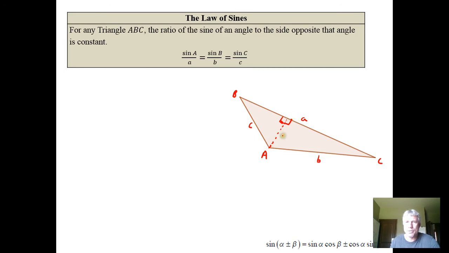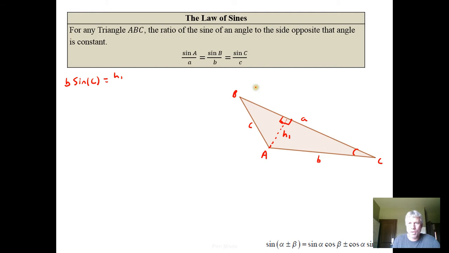I need to label this height, so call it height 1. The sine of angle C is going to equal height 1, the side opposite C, over the hypotenuse, which is length B. Multiply both sides by B, and we get B times the sine of C is height 1.